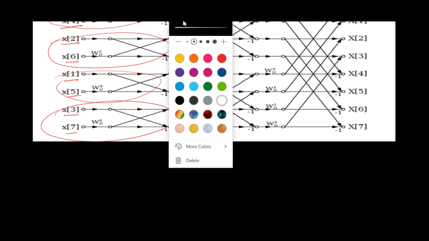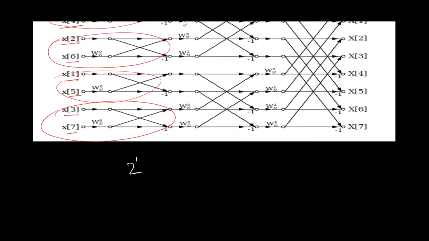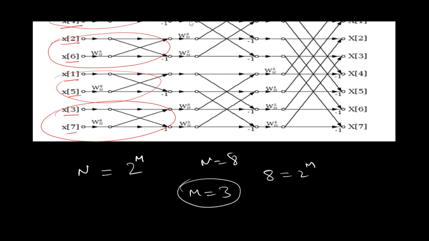Actually we have 2 to the power m equal to n. For this particular butterfly diagram we know n equals 8, so 8 equals 2 to the power m. From here we get m equal to 3. So this clearly indicates that we'll have three different stages of butterflies, 1, 2 and 3.